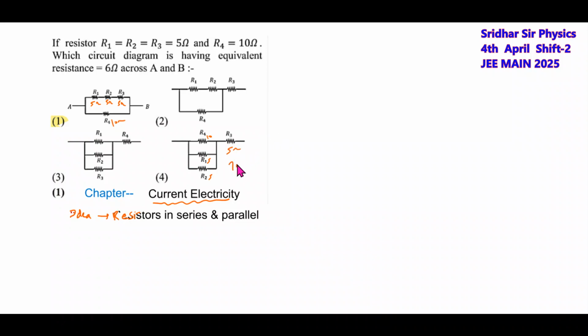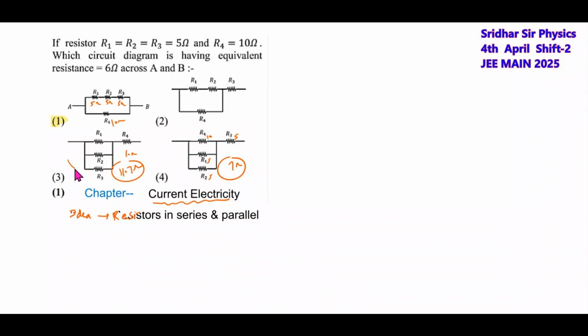Plus 5, this will be 7 ohm effective. Check this circuit. R1, R2, R3 are all parallel, giving 5 by 3. R4 is how much? 10 ohm. 10 ohm plus 5 by 3 will be 35 by 3, around 11.7 ohm.